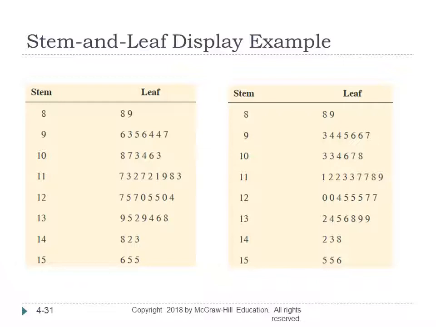This is how you organize the data, and this is called the stem and leaf display. The display to the right is exactly the same one, with the leaves now sorted in increasing order. The only difference here is that the leaves are displayed in increasing order.